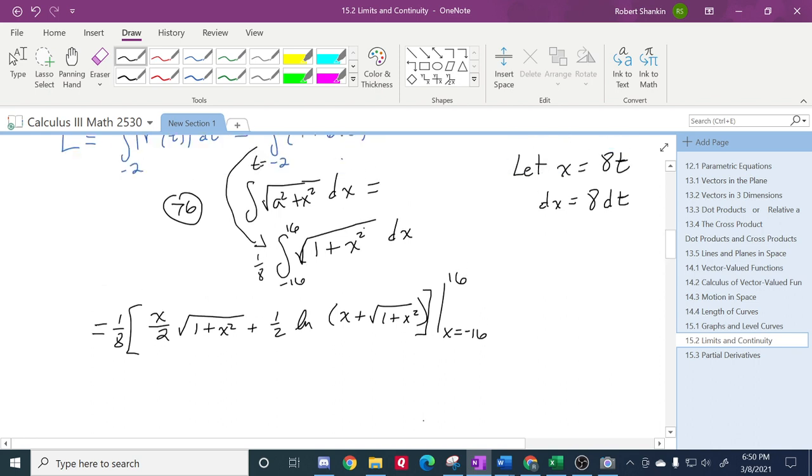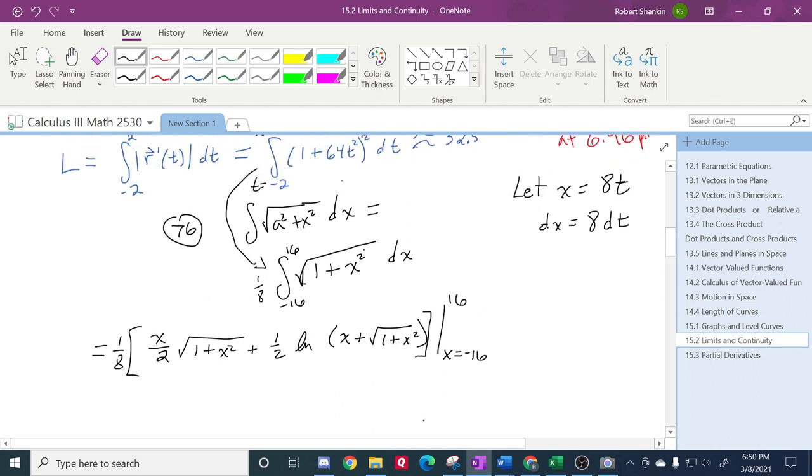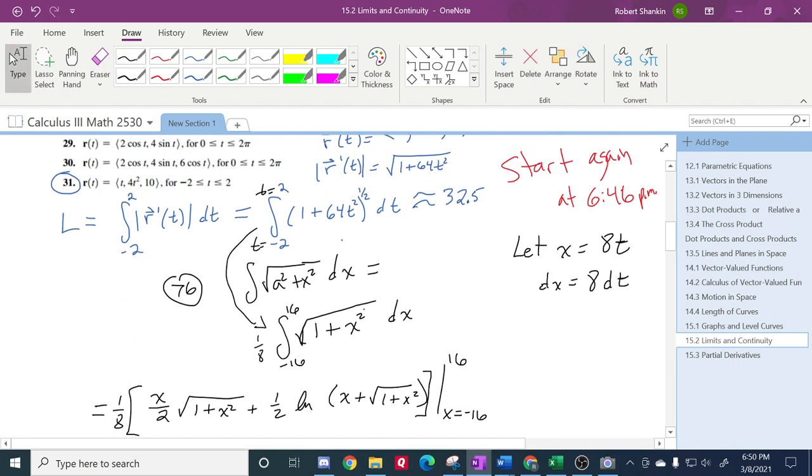Oh, I see the difference, Robert, right now. What I did was just plug in the numbers. So it wasn't just x over 2, it becomes x t over 2. So that's why I didn't pull out 1/8 in front of the bracket.